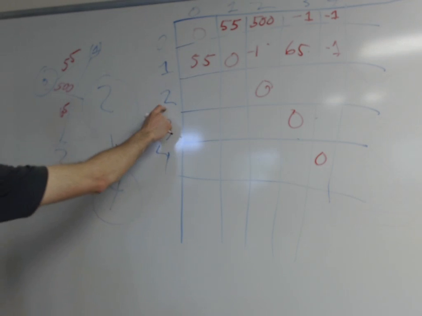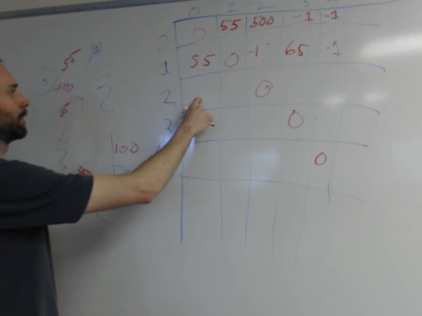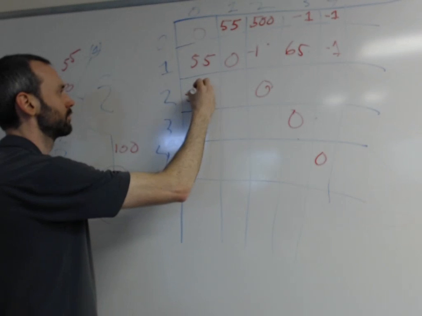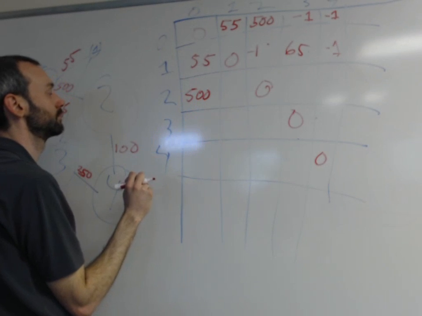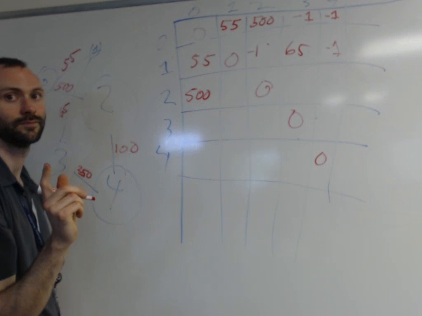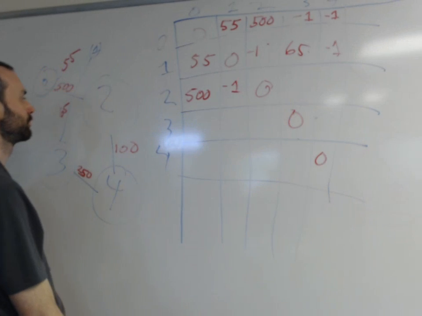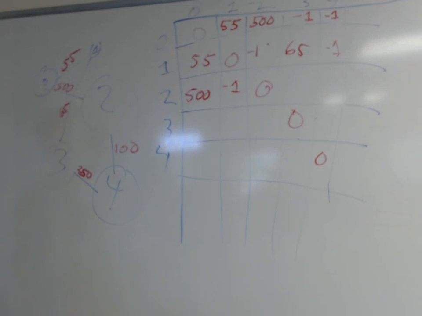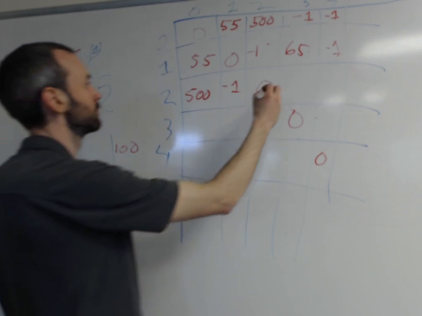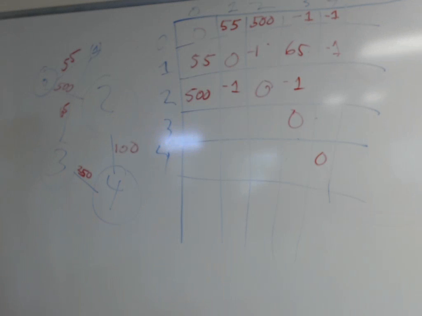All right. Someone fill out this row for me. What goes here? 500. -1. -1. What here? 100.